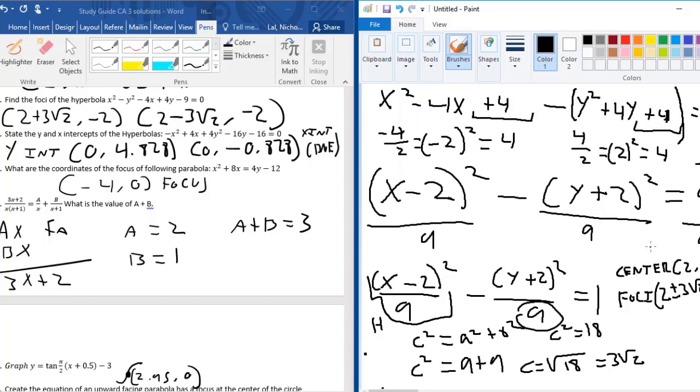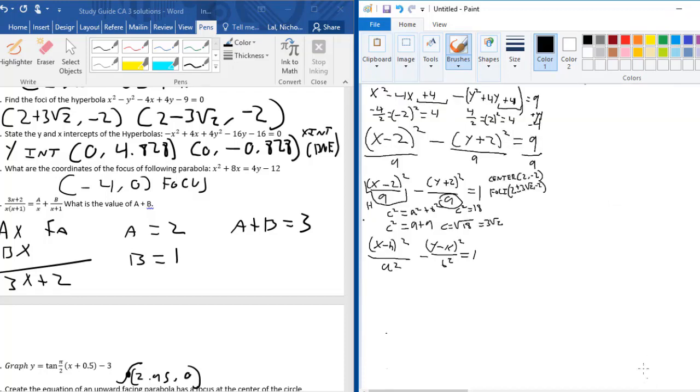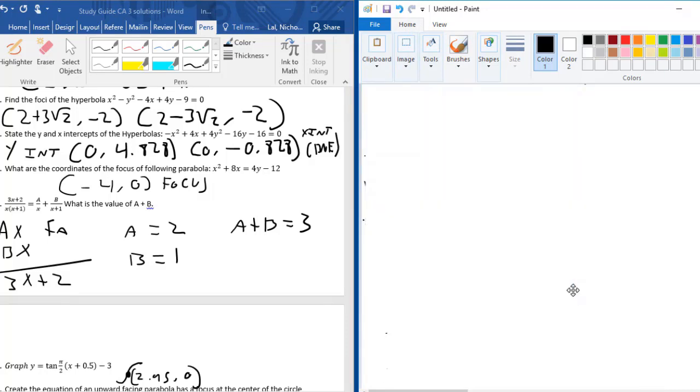I'm going to move on to the next problem. All right. So the next problem says, state the x and y intercepts of the hyperbola. I'm going to rearrange this so that the positive term comes first.